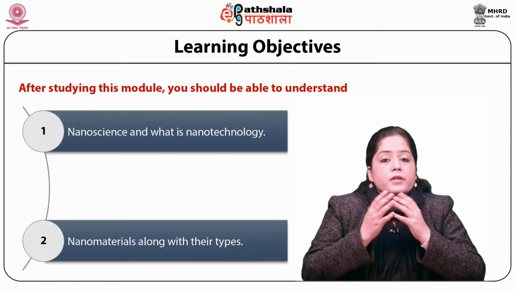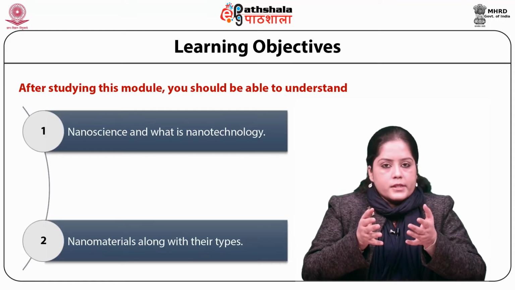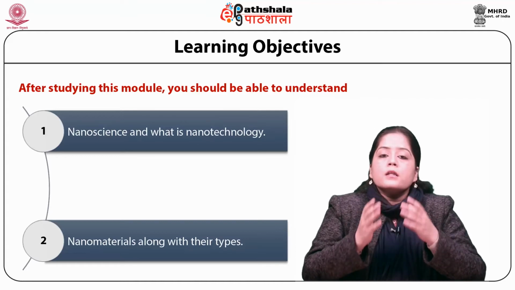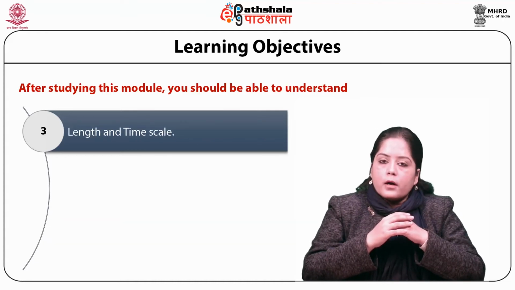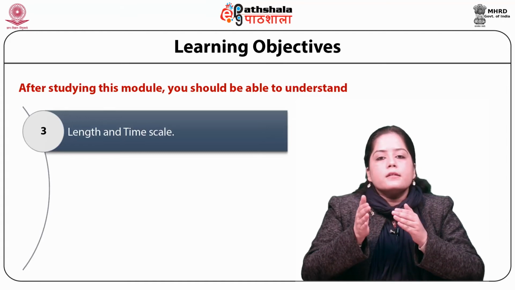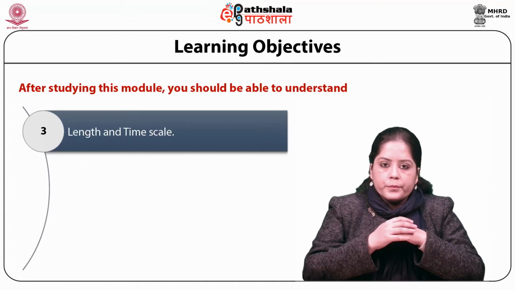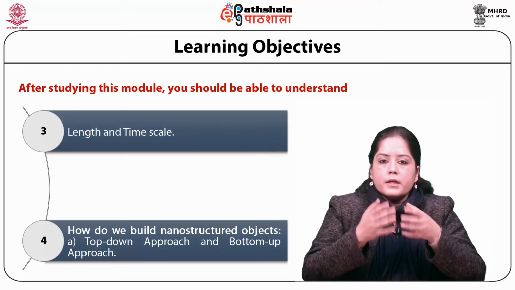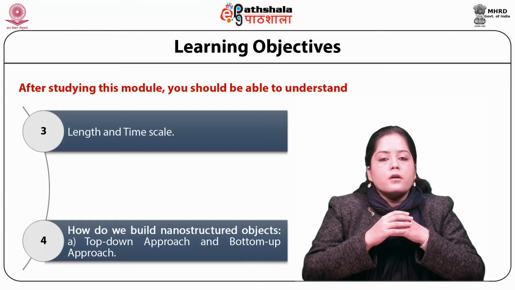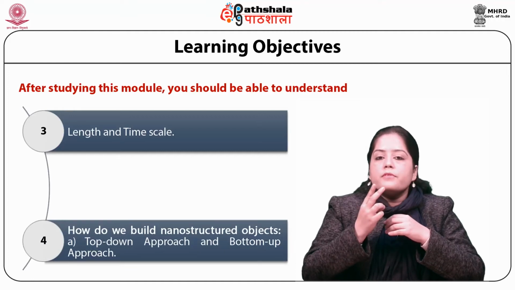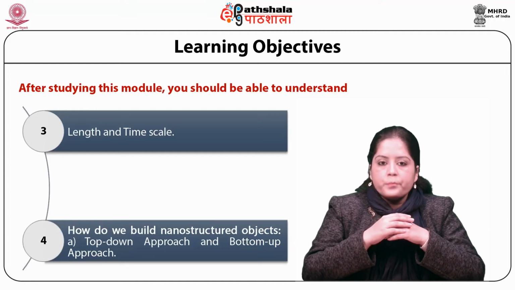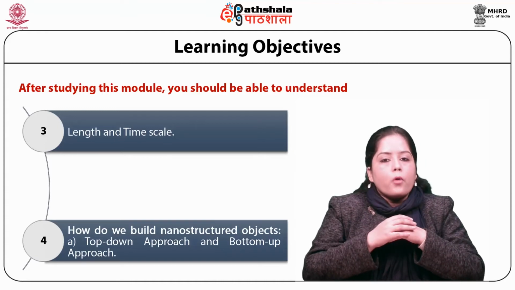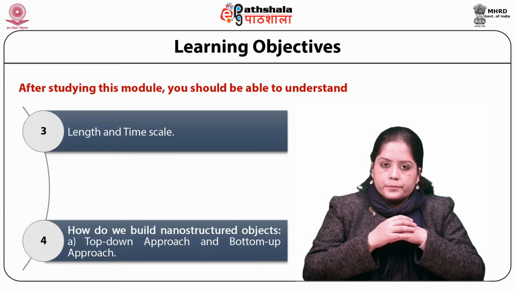Secondly, we will discuss the nanomaterials along with their types. Third, we will also discuss the length and the time scale. Lastly, we will discuss how we build nanostructured objects. We'll discuss two methods in this. First is the top-down approach and second is the bottom-up approach.